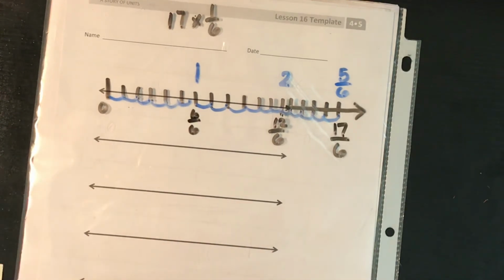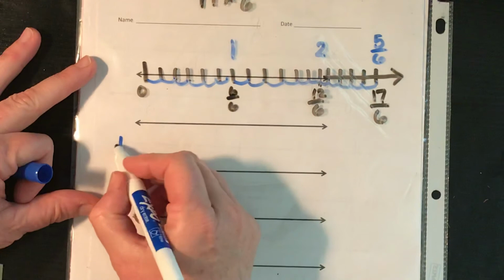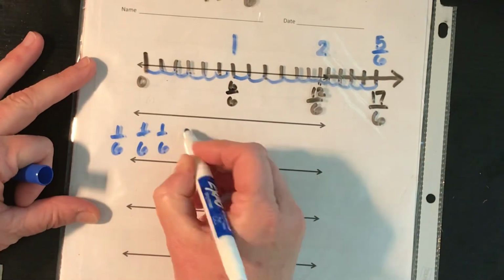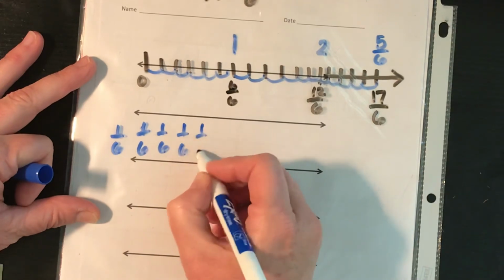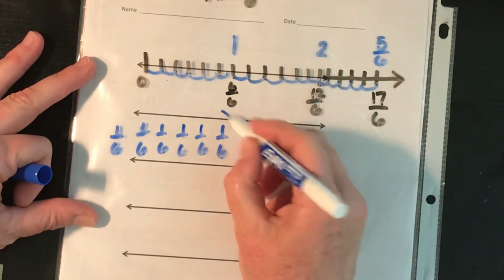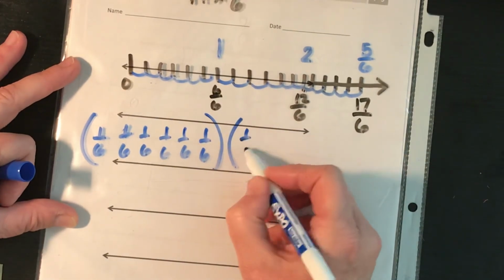So if I was going to write this out, and it's torturous, I know. 1 sixth plus 1 sixth plus 1 sixth plus 1 sixth plus 1 sixth. Right here, I can see that that is 6 sixths. I'm going to do it again.